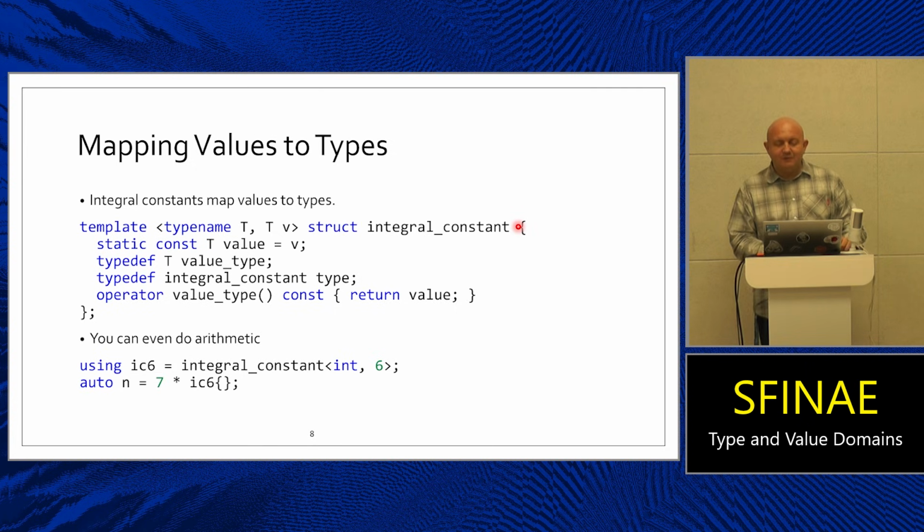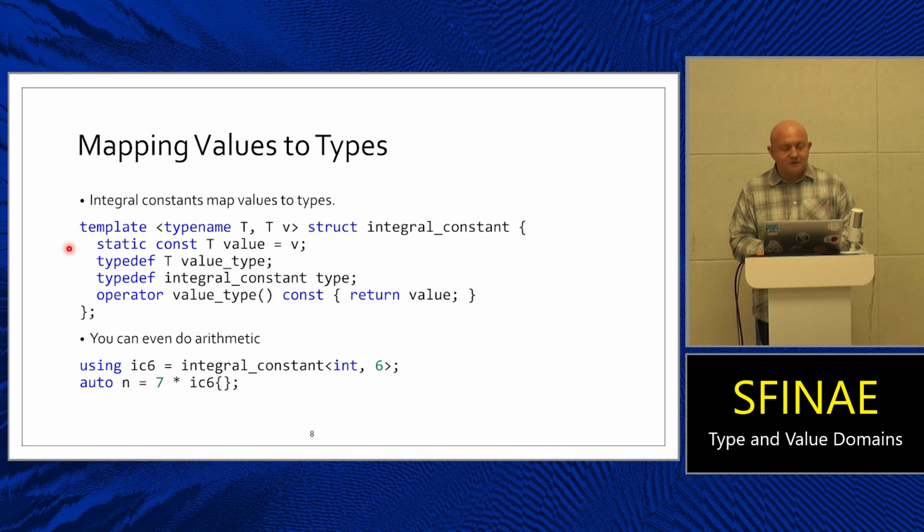It's literally a mapping from the value domain, from the v, to the type domain, to the integral_constant of T and v. It is basically a way to send a rabbit to a cloud. And inside it remembers everything for the way back from the clouds to rabbits. It stores the value itself. The rabbit is alive in the cloud.